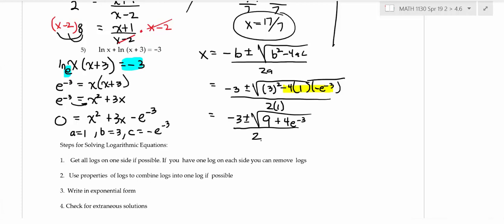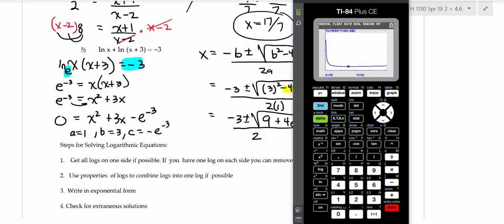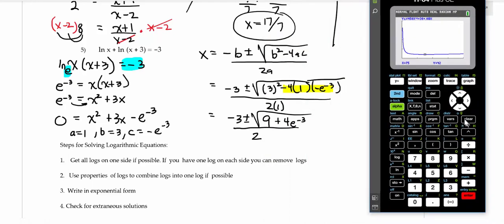Now what I would do on this problem is just do this totally on my calculator. All that's really going to matter when we check this answer is seeing if either of these answers are negative. I would just crunch this on the calculator, and really all that matters is that numerator.